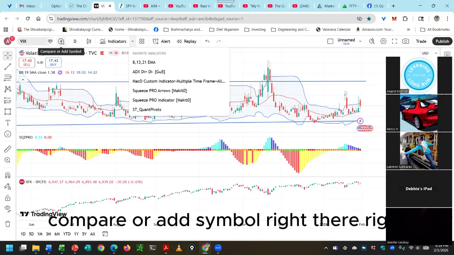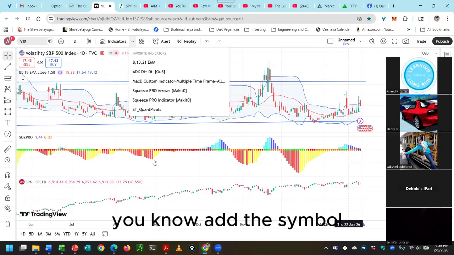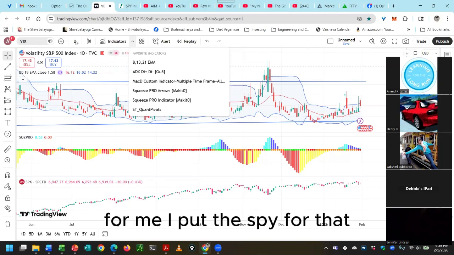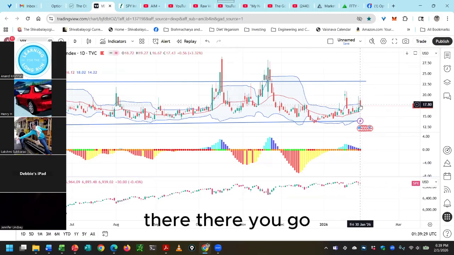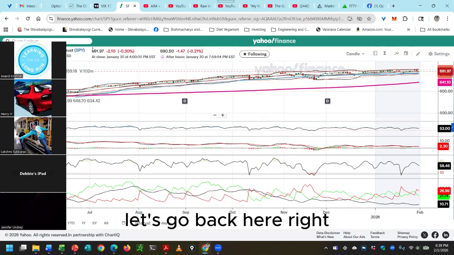Compare or add symbol right there. You can click on that and then add the symbol to that. For me, I put the SPY for that. And so, there you go. Now, let's go back here.